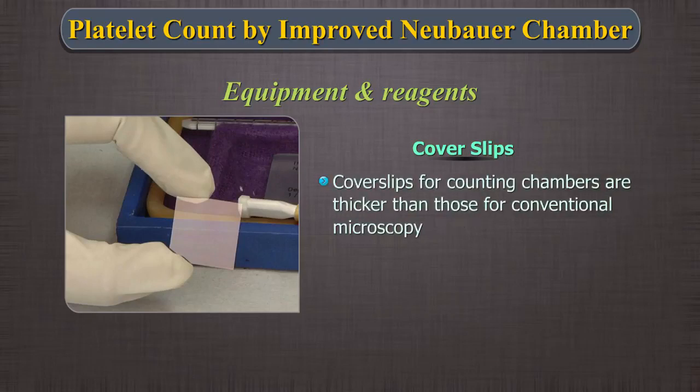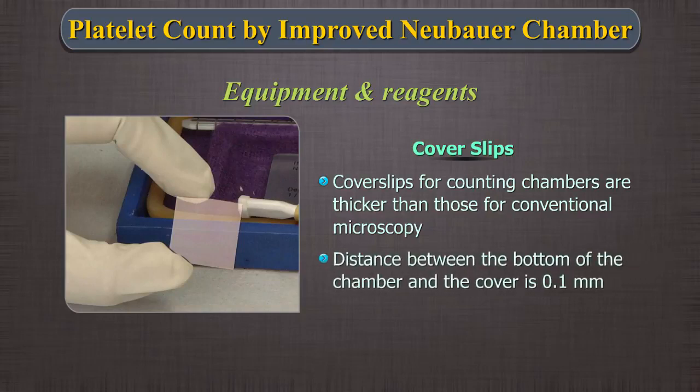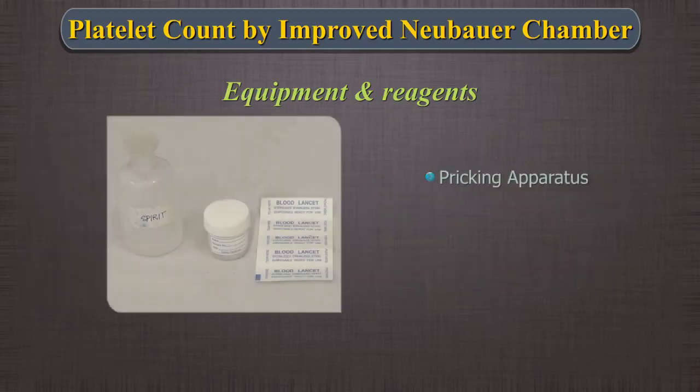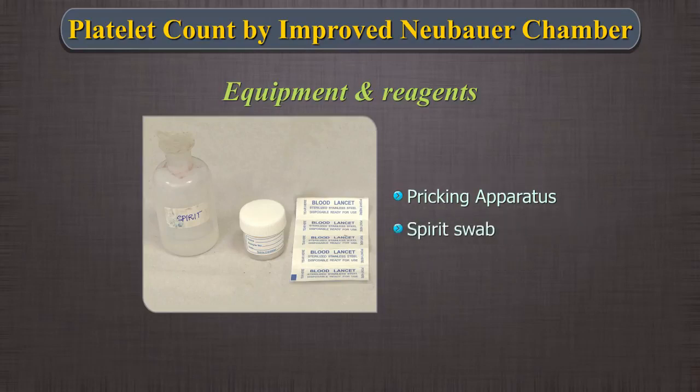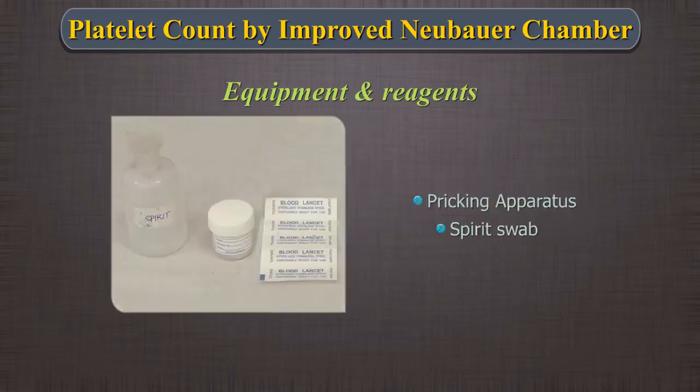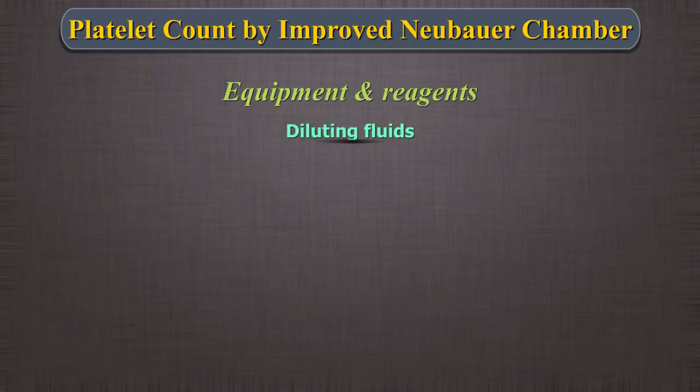Cover slips for counting chambers are specially made and are thicker than those for conventional microscopy. They are so designed that the distance between the bottom of the chamber and the cover is 0.1 millimeters. 4. Pricking apparatus comprising of lancet or pricking needle or syringe needle or evacuated tubes. 5. Spirit swab. 6. Diluting fluids.